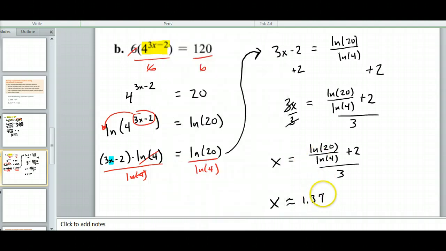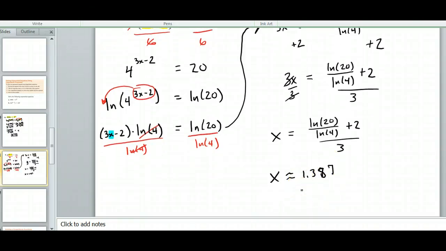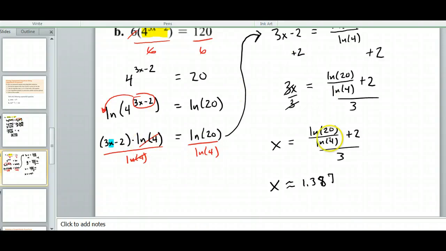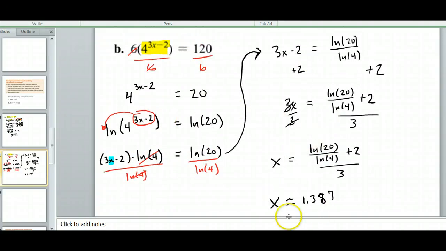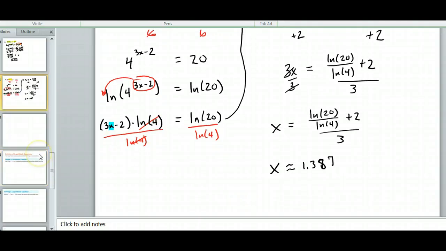Make sure to round it as many places as they tell you on your My Math Lab homework, because they'll count off if you don't round it correctly, even though you did all this ugly, nasty work correctly. If you round off incorrectly, you're going to have to go back and do it all again. So make sure you round correctly.